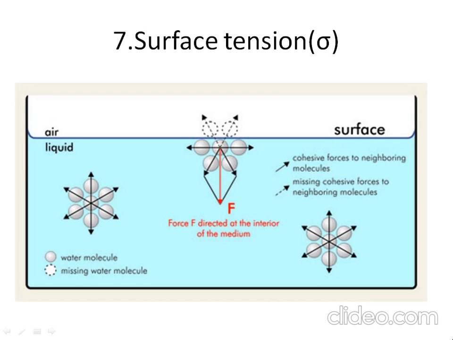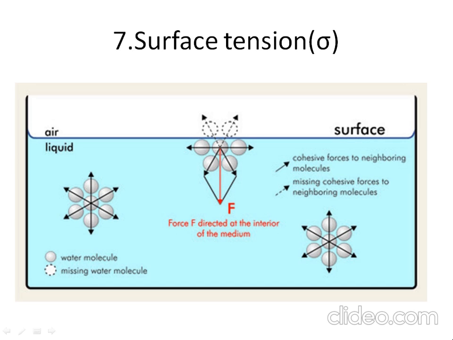Now, the seventh property is surface tension. Let us consider a molecule below the free surface. This molecule is under the action of balanced cohesive forces from all the sides, and hence this molecule is in equilibrium. Let us consider a molecule on the free surface of the liquid.